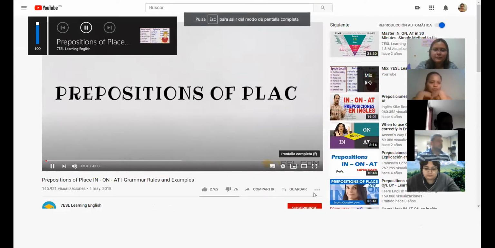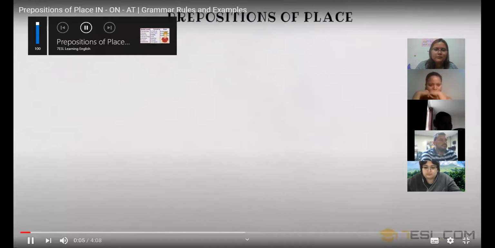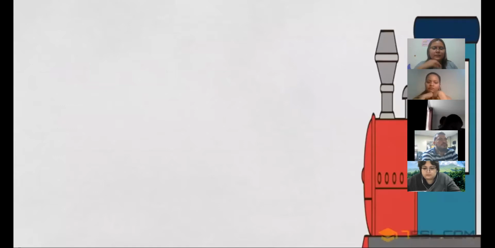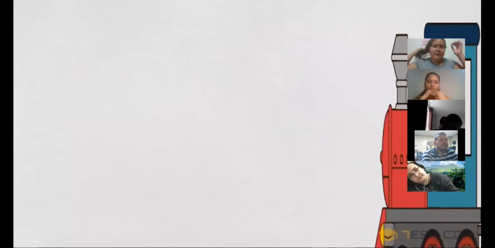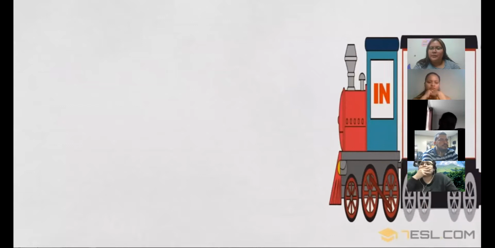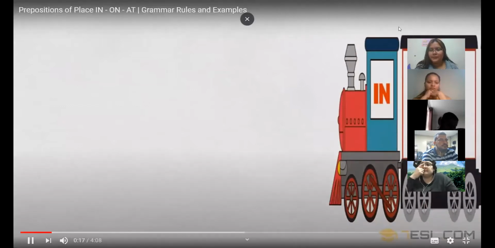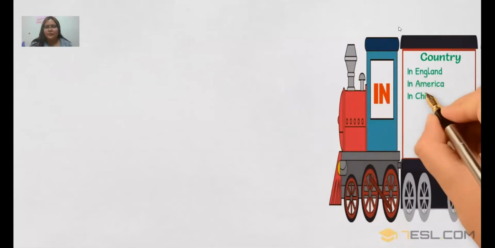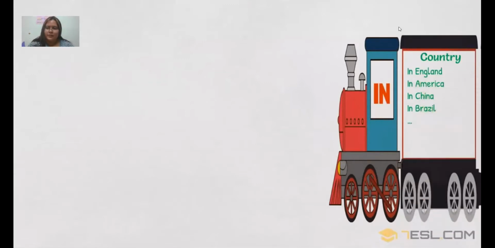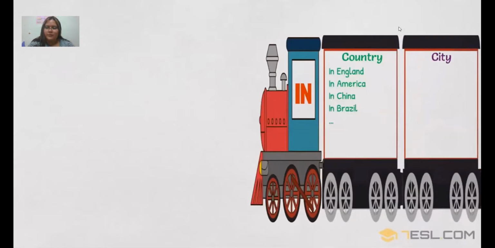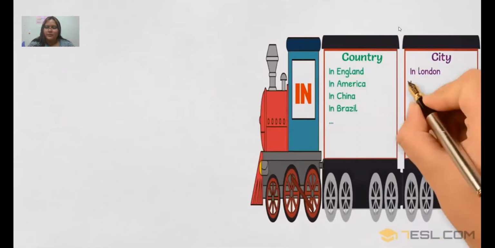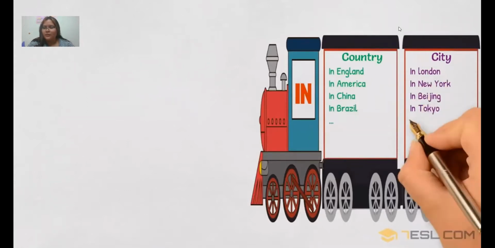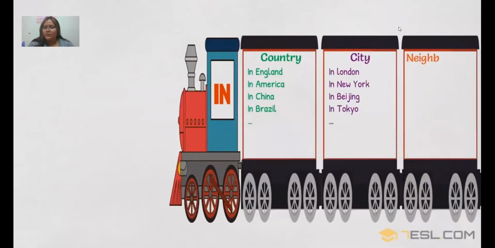Prepositions of place. In. Country. In England, in America, in China, in Brazil. City. In London, in New York, in Beijing, in Tokyo. Neighborhood.